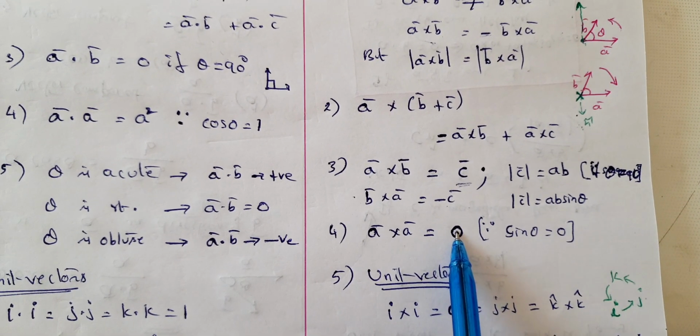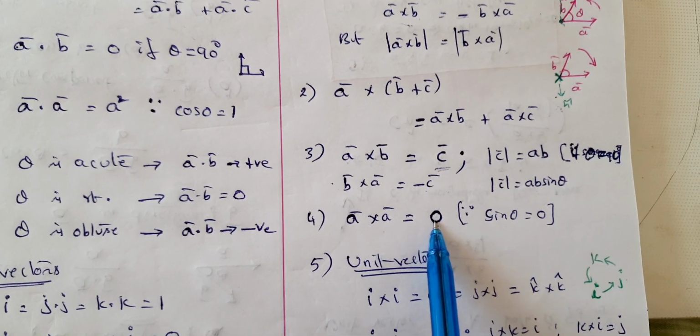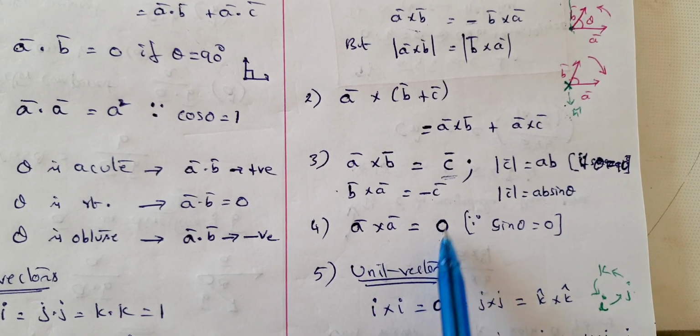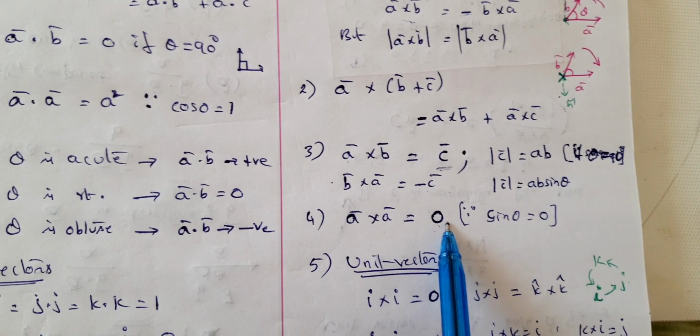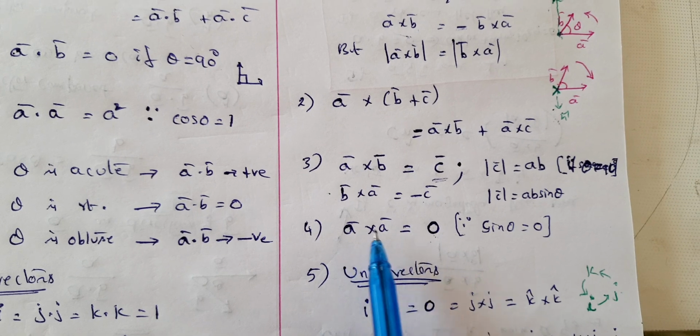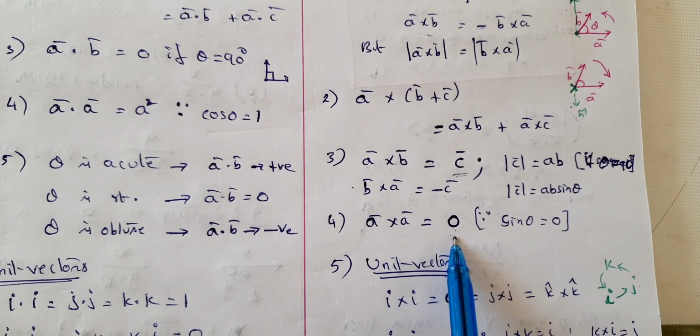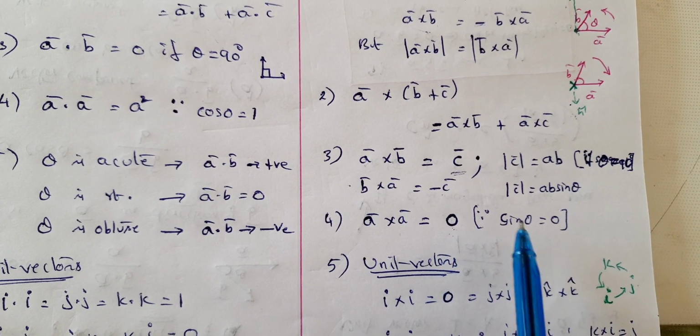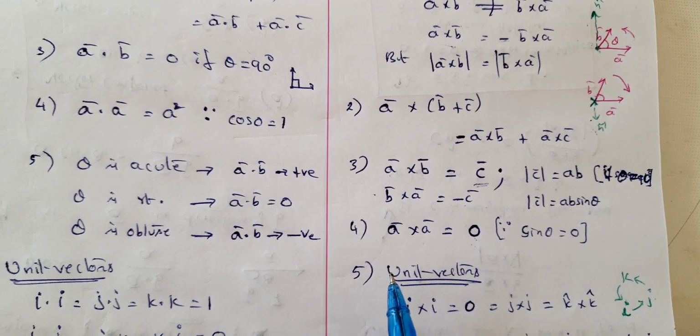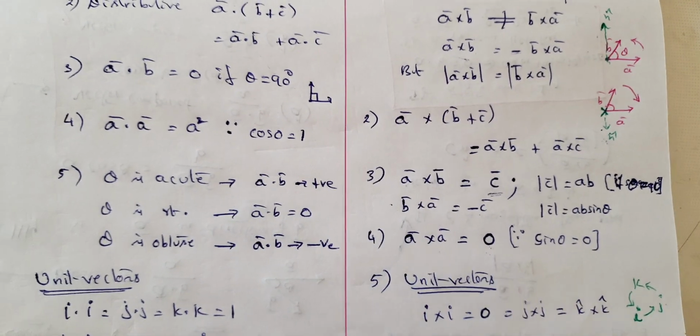Of course you cannot show the direction of this, but by symmetry it is a vector quantity, because the cross product always yields a vector. So this is a null vector because sin 0 is 0. These two are very, very important conditions.